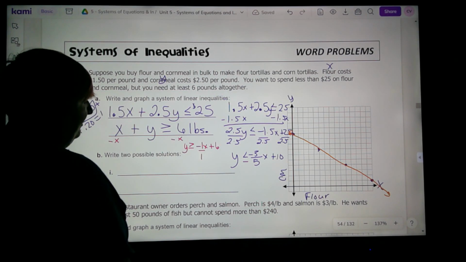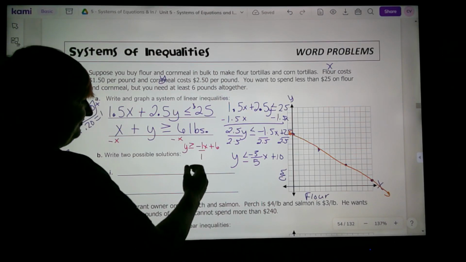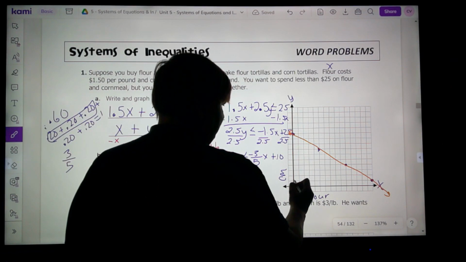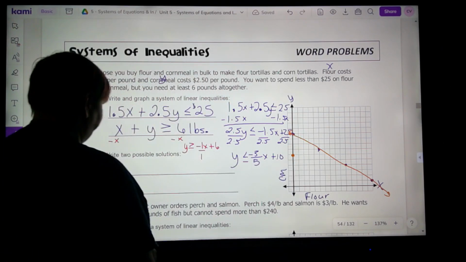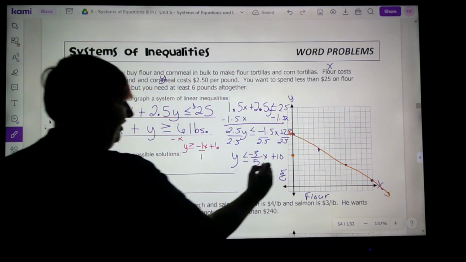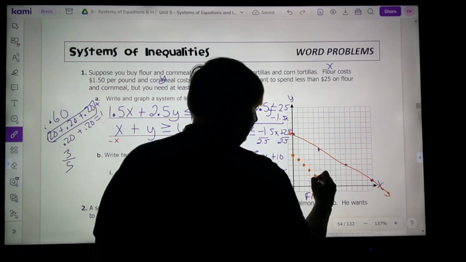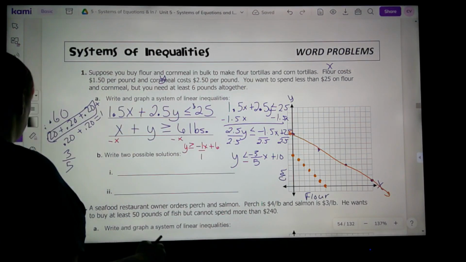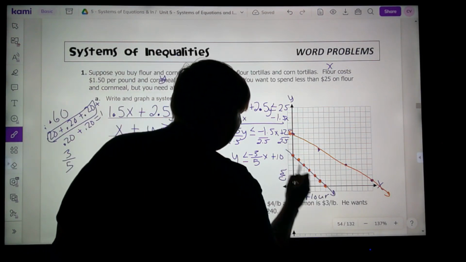Both of them could be equal to, so we're using a solid line. And then graphing this would be positive 6. 1, 2, 3, 4, 5, 6. And down 1, right 1. So this is our line for at least 6 pounds.